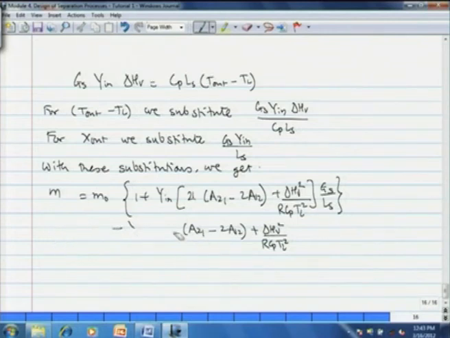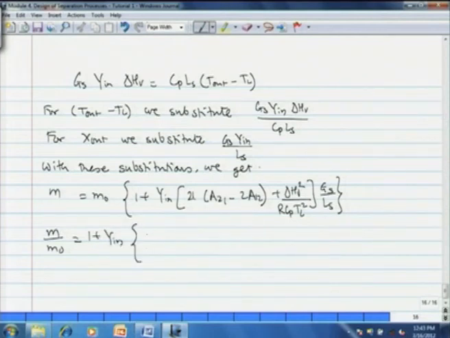Or we rewrite this. Okay. M by M naught is equal to 1 plus Y in into 1 plus 2 into A21 minus 2A12 plus delta HV square by R Cp TL square bracket complete into Gs by Ls.